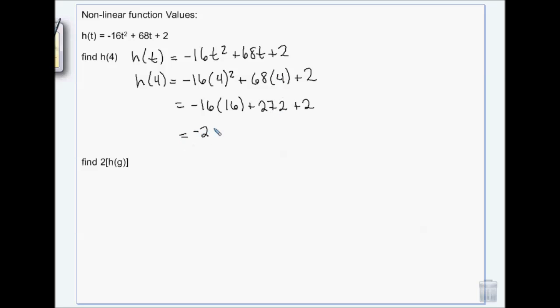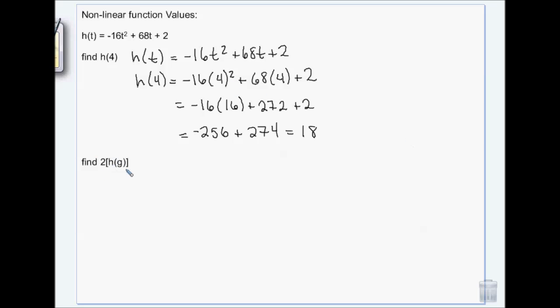This is negative 256 plus 272, if I add those two together. So this is positive 18. Okay. So again, I just took this 4 and I plugged it in wherever there was a t.